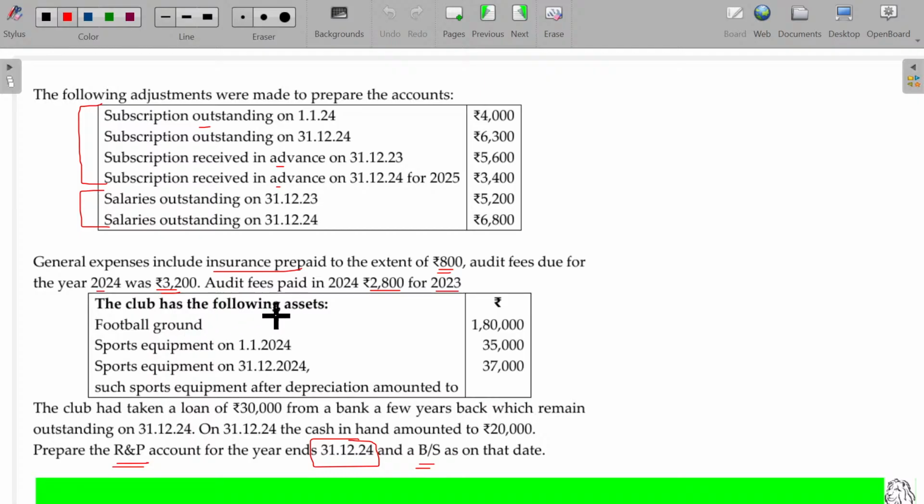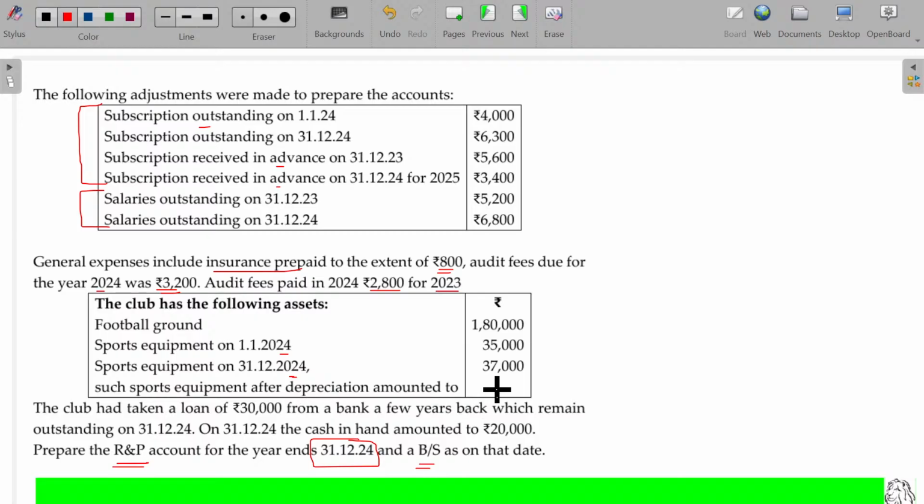The club has the following assets in the beginning: football ground and sports equipment as on 1/1/2024, worth 35,000, which becomes 37,000 on 31st December 2024. Sports equipment worth 2,000 may have been purchased, and of course there's a depreciation also.